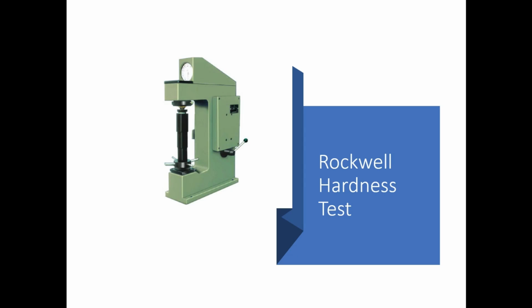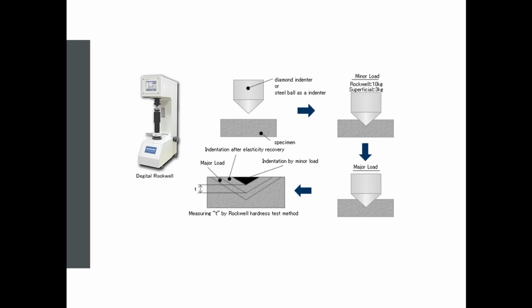Next hardness testing machine is Rockwell hardness tester. In Rockwell hardness testing, it is similar to Brinell, but without using only ball type. Here we can use either diamond shaped indenter or ball type indenter.